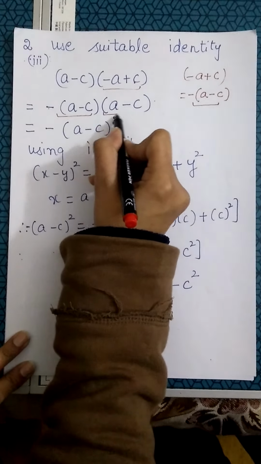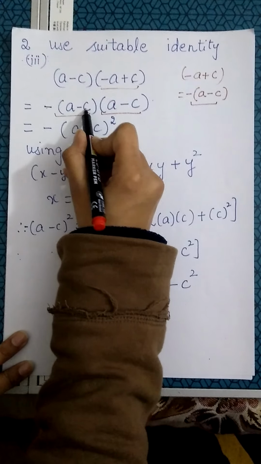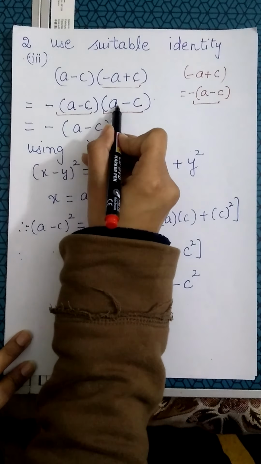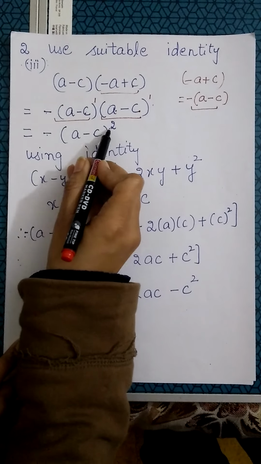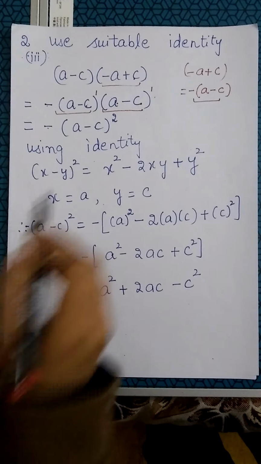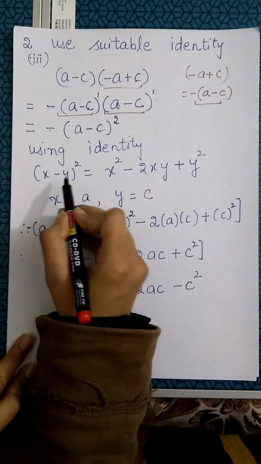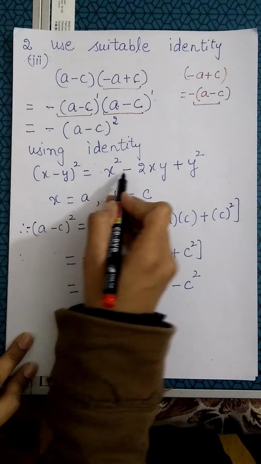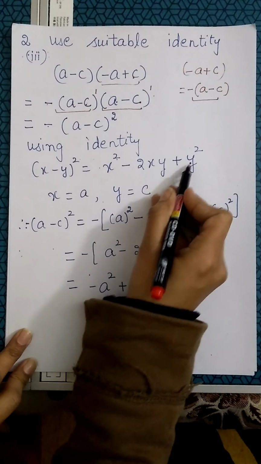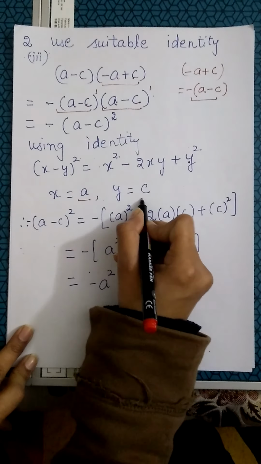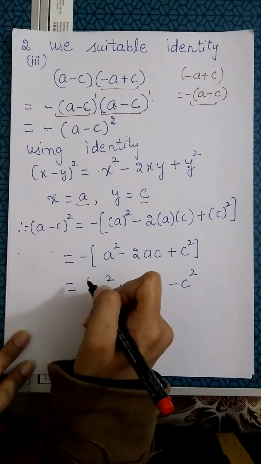Same terms are there, isn't it? (a minus c) into (a minus c). Bases are same. So it will become minus outside, (a minus c) whole square. Now I can use the identity (x minus y) whole square, which is equal to x square minus 2xy plus y square, where x is a and y is c.